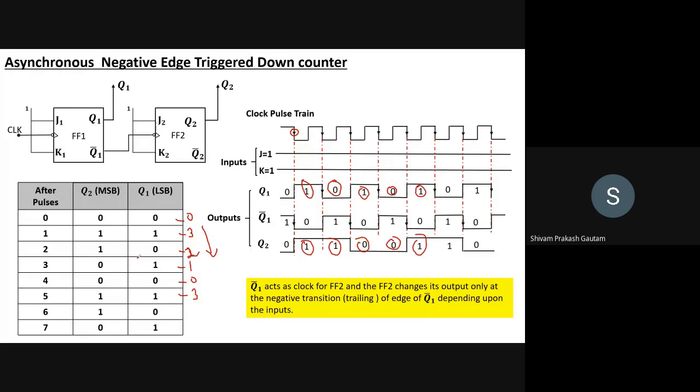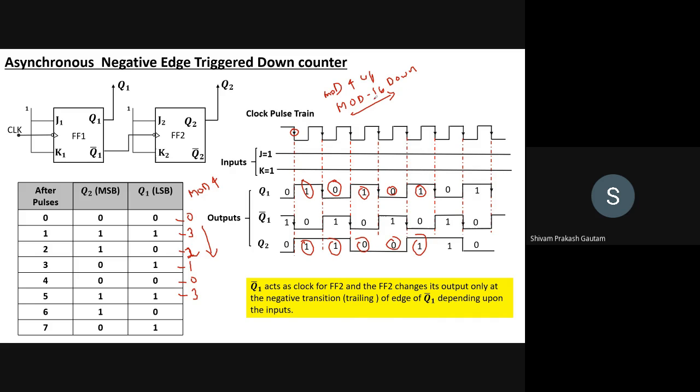Similarly, as in the previous case, you can generalize it. If you have 3 flip-flops, there will be 8 different states. In this case, there are 4 different states, so you can call this a mod 4 counter. You can now design your own mod 4 up counter, or a mod 16 down counter, using negative edge or positive edge trigger.